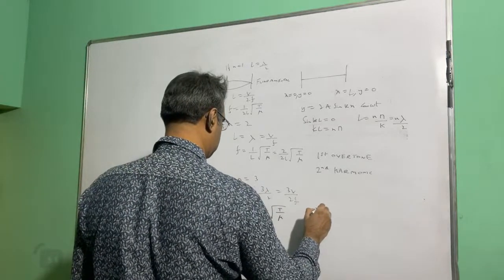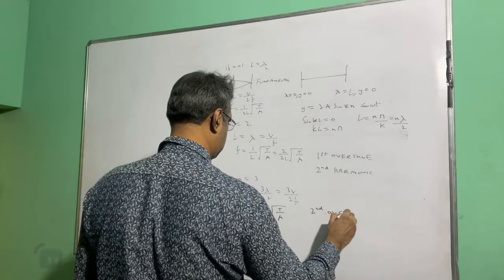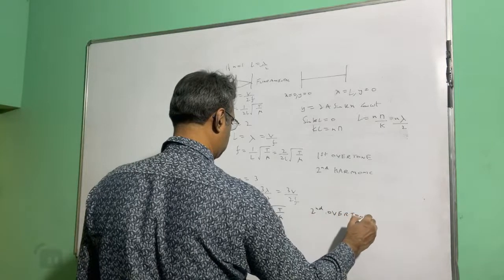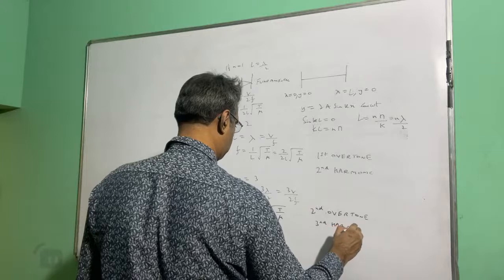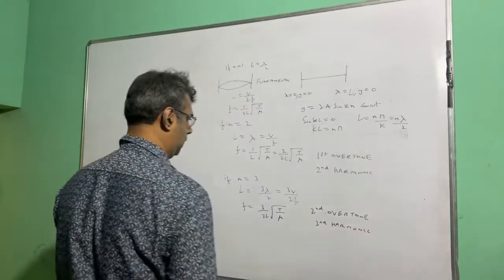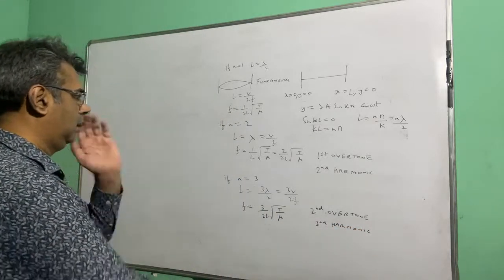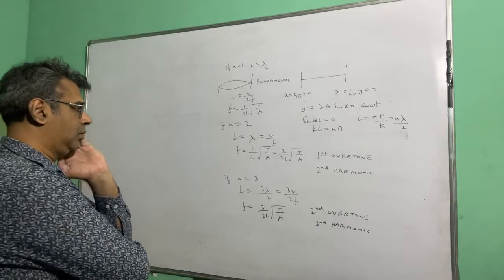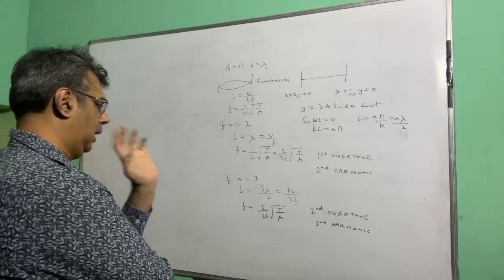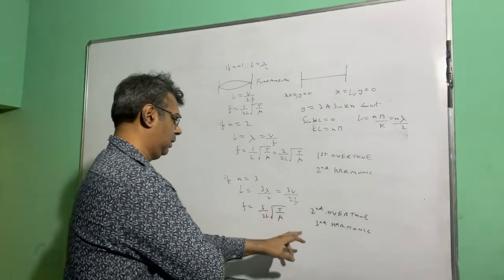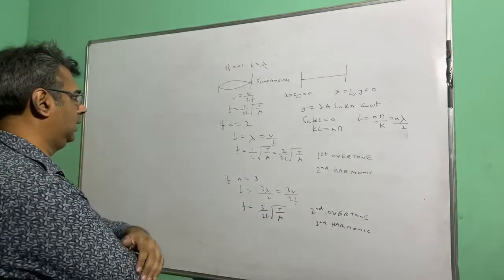This is the second overtone, third harmonic. So F is 2 by 2L root over T by mu, this is first overtone, second harmonic. And F is 3 by 2L root over T by mu, this is second overtone, third harmonic.